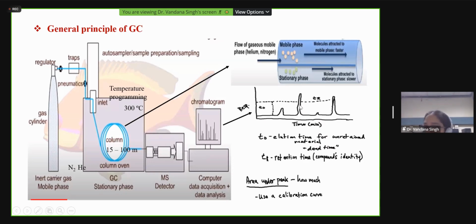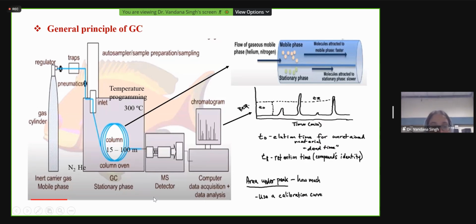Now we will get a chromatogram, as these detectors will detect the analytes. There are different kinds of detectors. Here we have shown the MS detector, which is a mass spectrometry based detector. This is an additional technique which is nowadays generally coupled with either gas chromatography or HPLC.